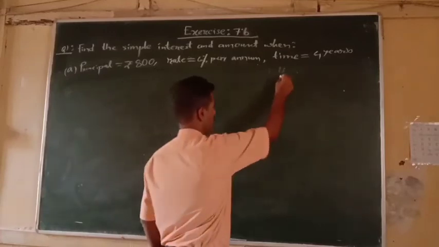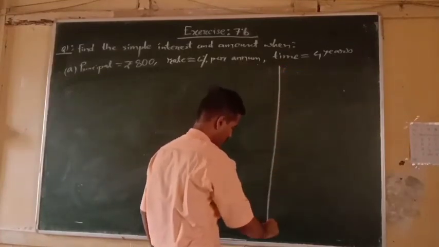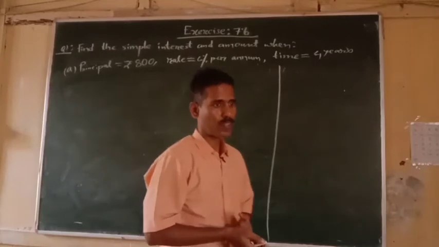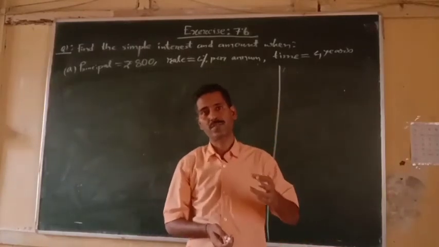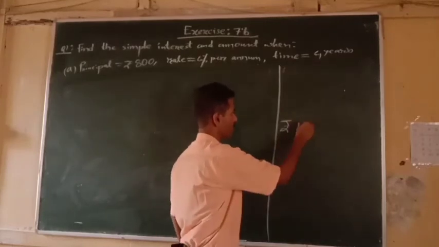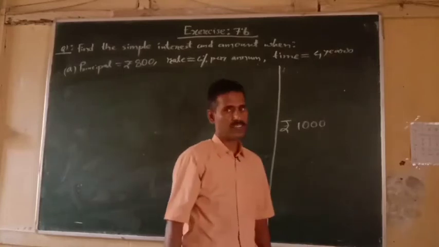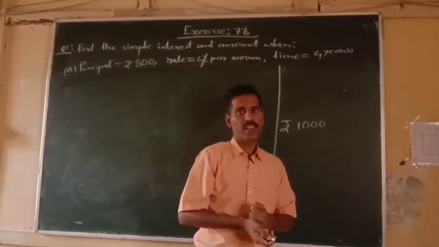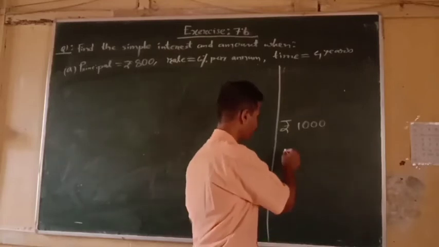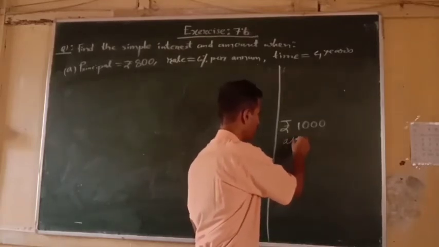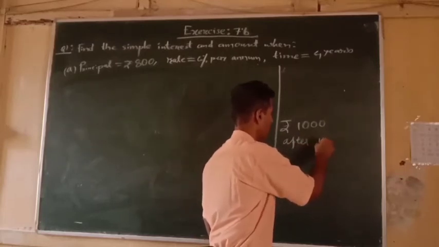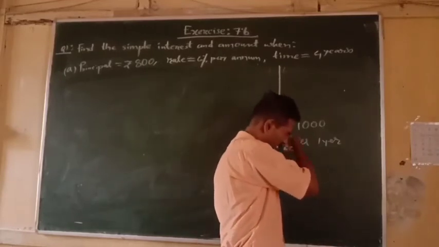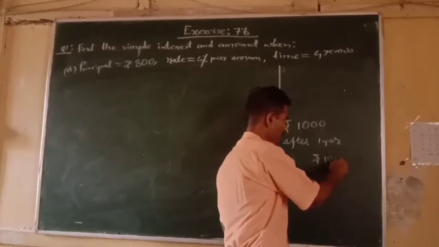Before solving, let us have an idea. Say you have deposited a sum of rupees 1000 in a bank, and after 1 year you got rupees 100 interest.